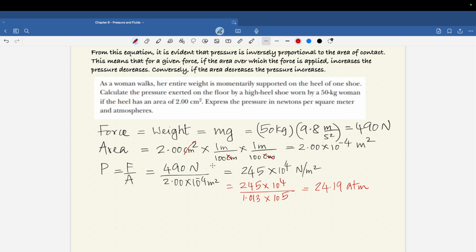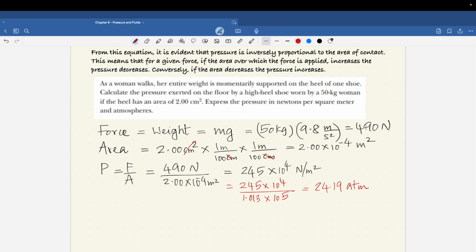So now it works, and you get 2.00 times 10 to the negative 4, because in the denominator you have 1, 2, 3, 4. So that is 10 raised to 4 in the denominator. So when you write it on the top, you got to put 10 raised to negative 4.